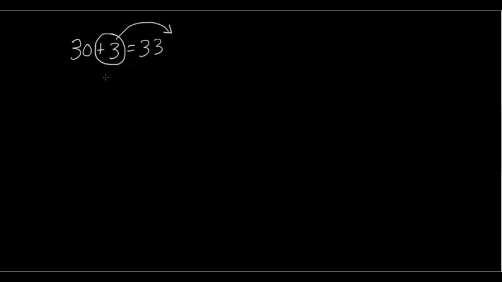So what that means is we now write this equation as 30 equals 33 minus 3. Okay, and you can see that it still equals each other. The left hand side still equals the right hand side. So this equation is valid. So here we have two valid equations.